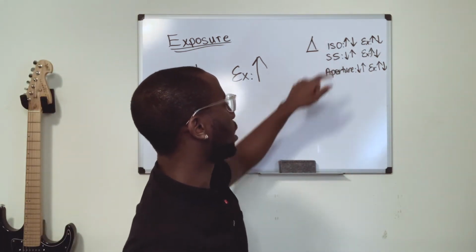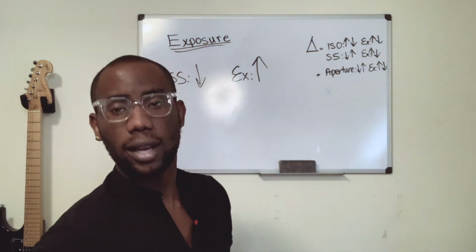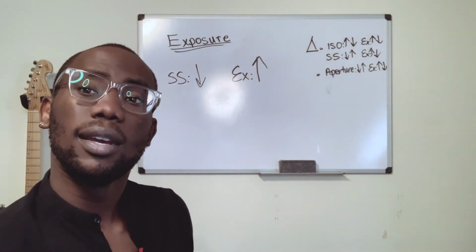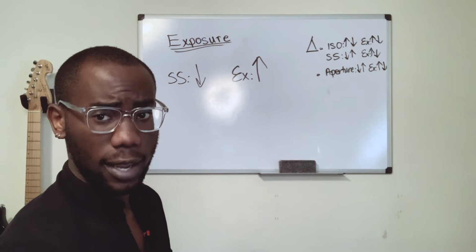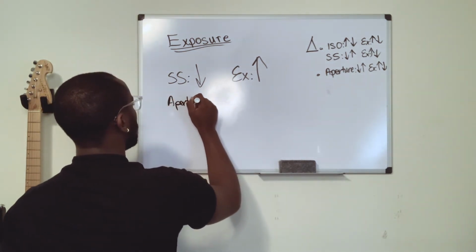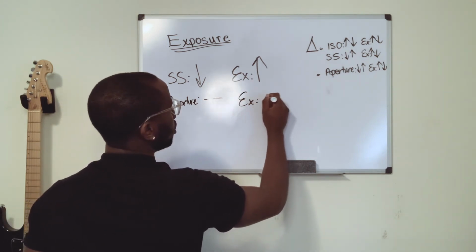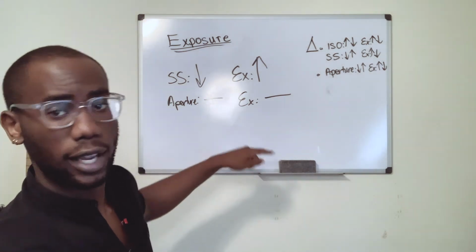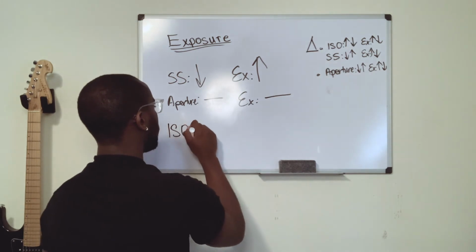You can play with the ISO, or you can play with the aperture. All right, and let's say that you really liked the depth of field before you switched away from automatic. So let's keep that the same. Let's keep the aperture right at the same level. If you don't touch the aperture, the exposure will not change as a result of the aperture. All right, so now all we have left is the ISO.